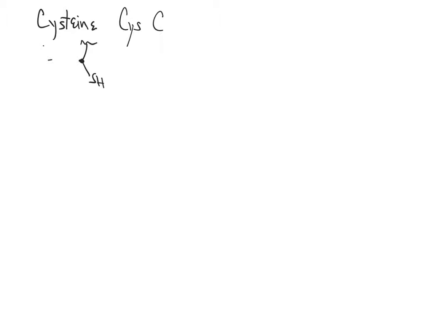What can they form? Disulfide bonds. Okay, and when two cysteines come together and form a disulfide bond, that's called a cystine. So that's something special about cysteine. It's a great nucleophile, great leaving group.